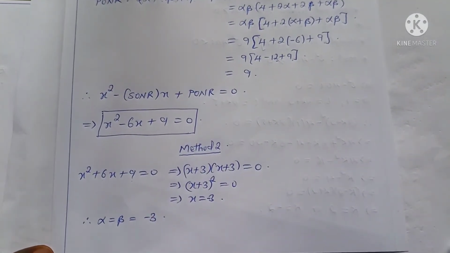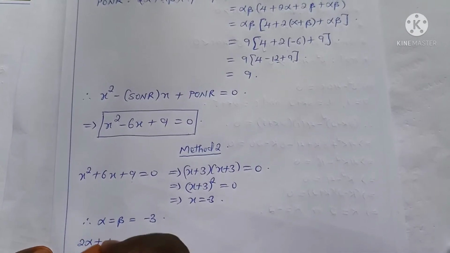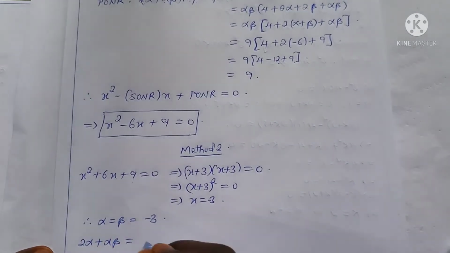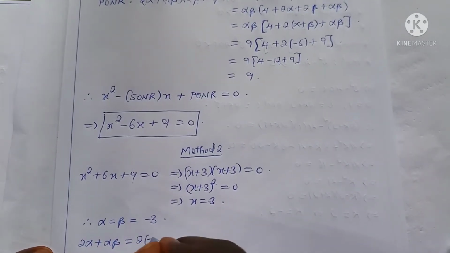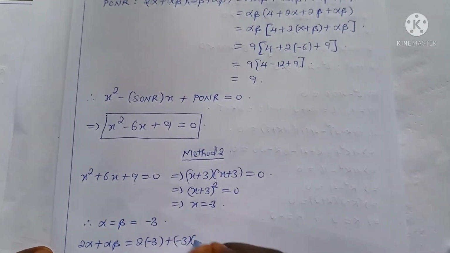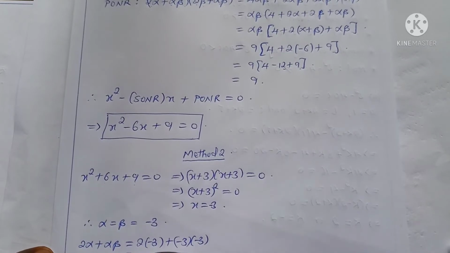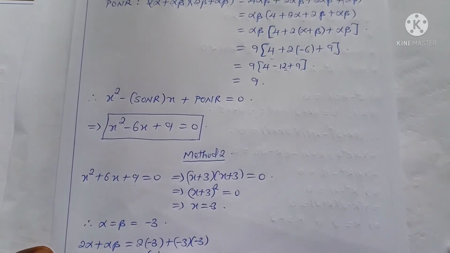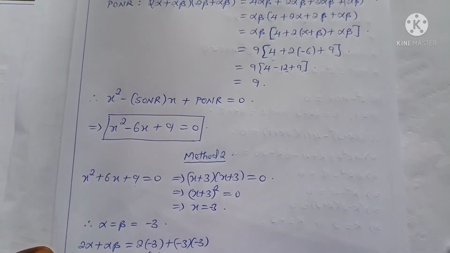And so, the new roots are 2 alpha plus alpha beta, which is equal to 2 into negative 3 plus negative 3 times negative 3, which is equal to negative 6 plus 9, and this answer is 3.